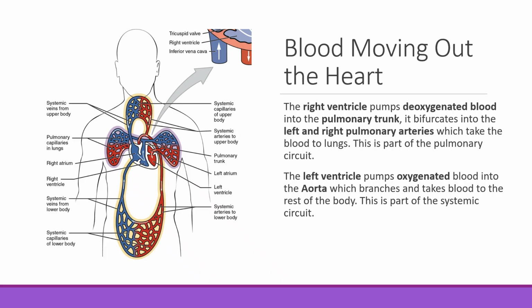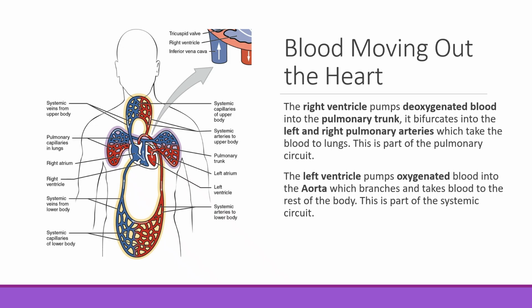All right, let's talk about a little bit of the details now of this pathway. So blood moving out of the heart. Let's look at the right ventricle. So that is the blue side at the bottom. It's going to pump deoxygenated blood into the pulmonary trunk. The pulmonary trunk is going to split, or bifurcate, which is the big fancy vascular word for that, into the right and left pulmonary arteries, which are going to carry blood out to the lungs, and that is the first half of the pulmonary circuit, right?